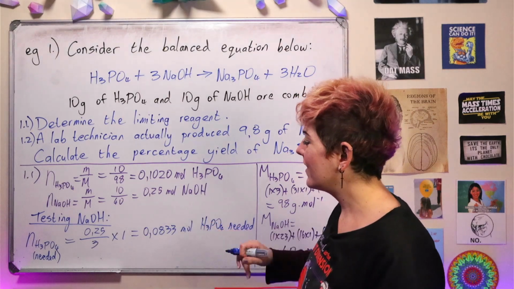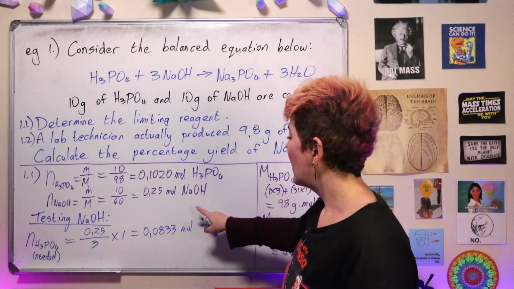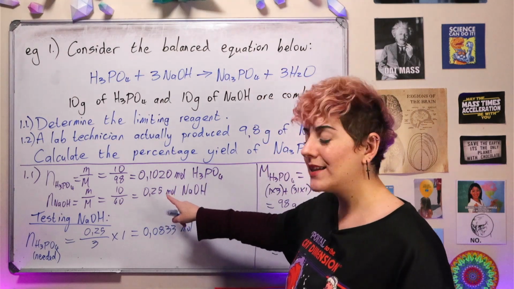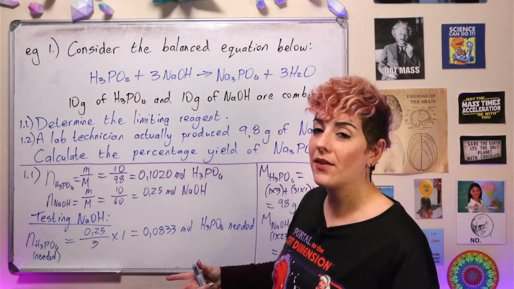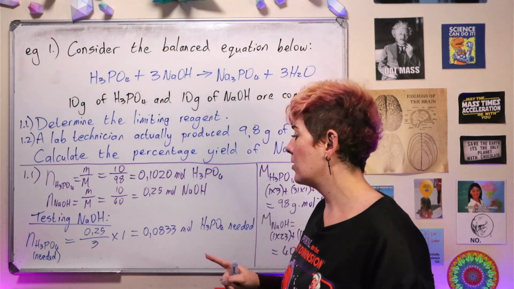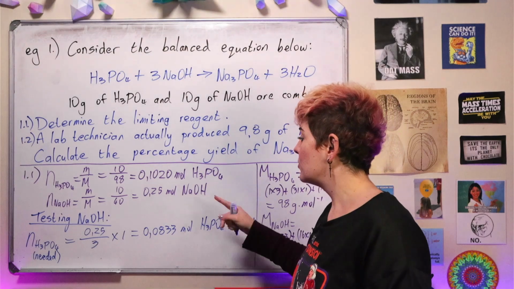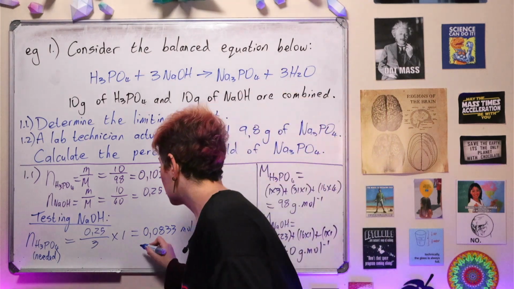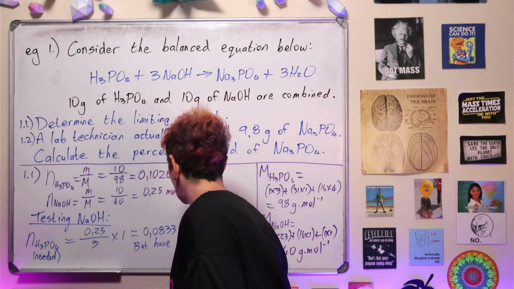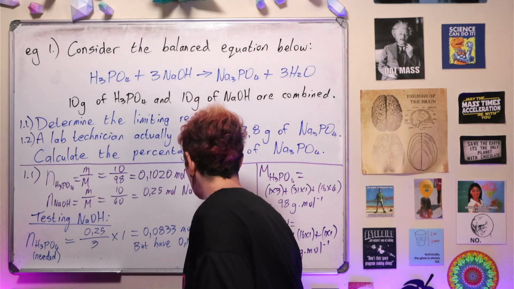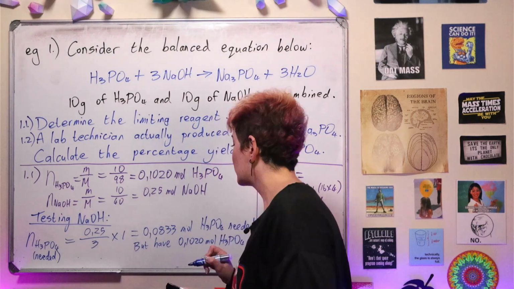Now we compare that to how many moles we actually have of phosphoric acid. And look, we have more than what we need. 0,0833 moles is smaller than 0,102 moles, so we have more than enough phosphoric acid to be able to use up our NaOH. So I like to even acknowledge that by saying, but have 0,1020 moles of H3PO4, which is more than enough.